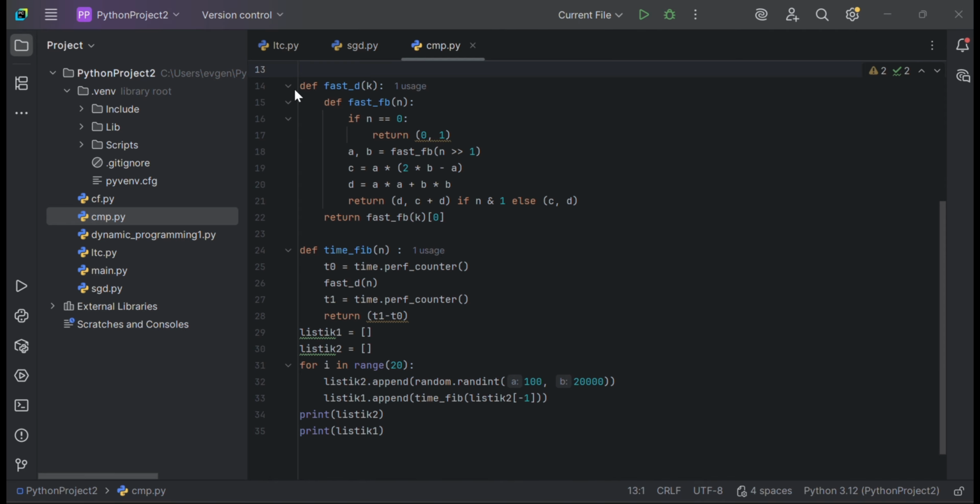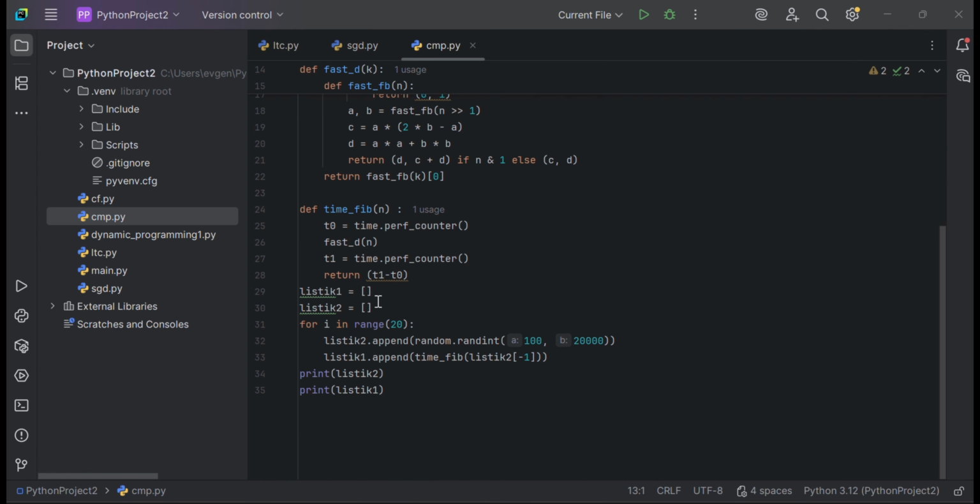Okay, here's the code. I used the same function for fast doubling, and also I used this function to find the time. I didn't use the same one as was given because when I used it without this perf counter, it almost all the time just gave me 0 for all the inputs. But this function doesn't round it up.